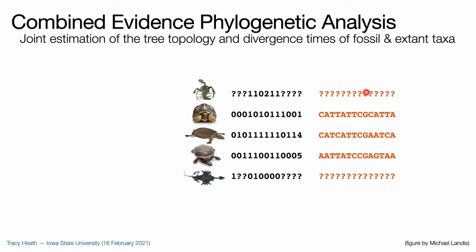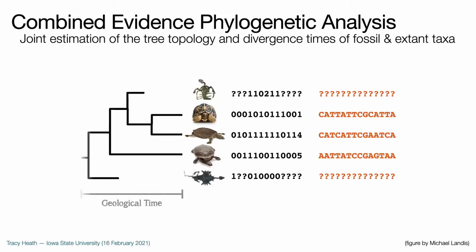And obviously for our fossil taxa, especially for very ancient ones, we don't have any information that these particular species can contribute to our molecular sequence alignments. But given these data sources, as well as the times associated with our fossil taxa, we can then accommodate uncertainty in the phylogenetic placements of fossils, while also allowing more information from the fossil record to inform the divergence times in our analysis.